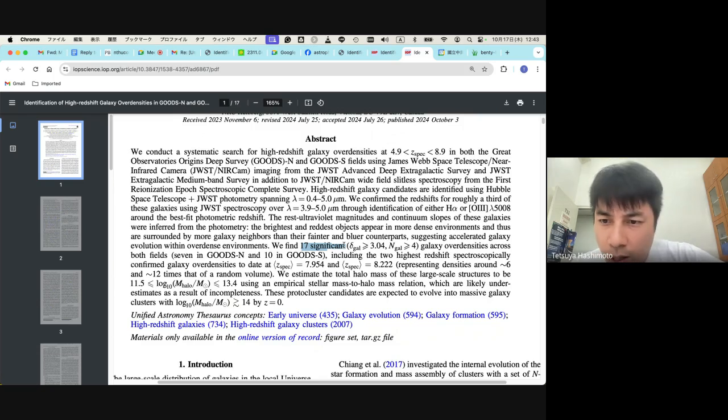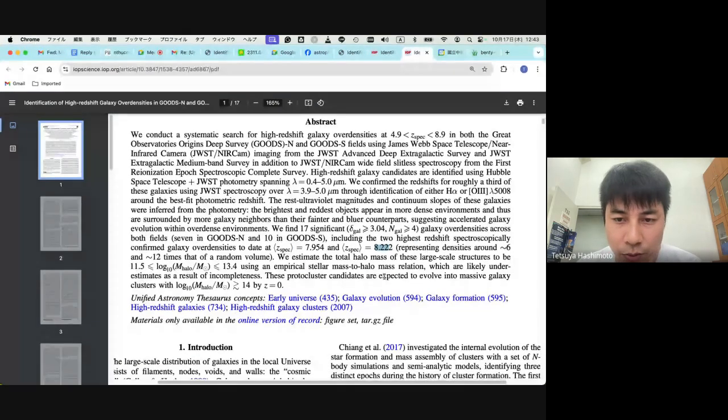And then one of the two highest-redshift spectroscopic confirmations is at redshift about 7.954 and 8.22. This may be the highest-redshift confirmation of an overdensity in the early universe.